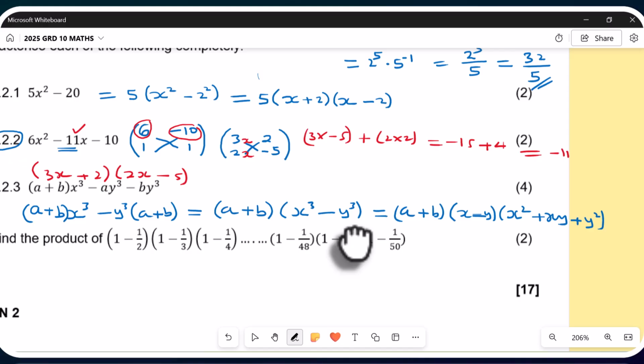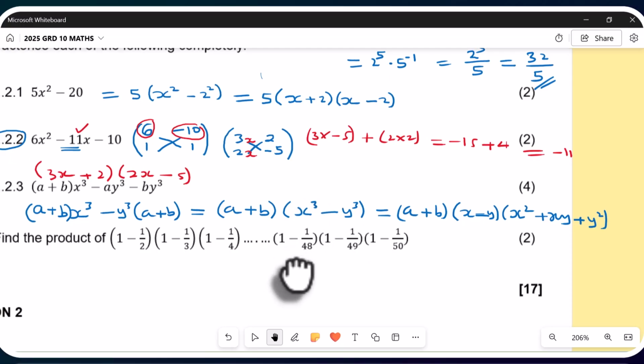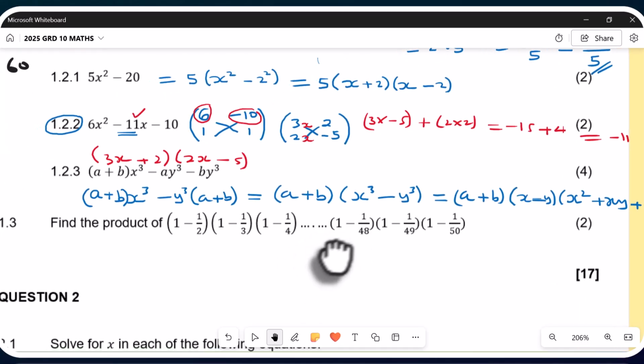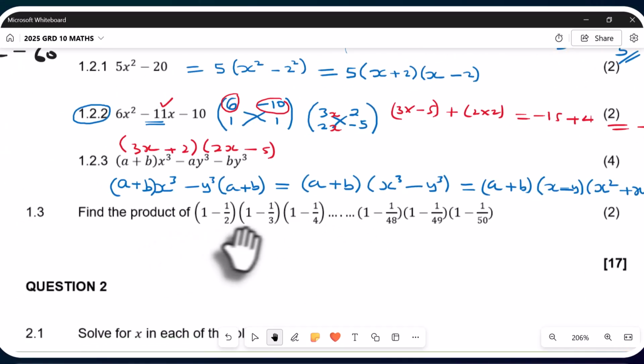And then lastly, what about here? Because we have time to waste, we just cancel what we don't want. We don't want this 2 with this 2, the 3 with the 3, the 48 with the 48, the 49 and 49, which means the crossing continues.